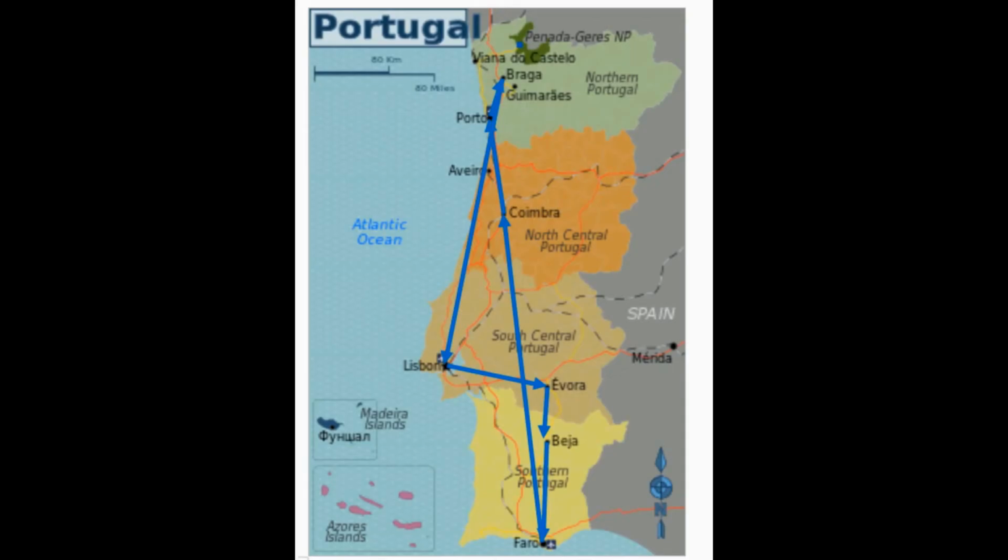So our improved route using the greedy algorithm will be Lisbon, then Évora, Beja, Faro, Coimbra, Porto, Braga, and back to Lisbon. The distance is 1,117 kilometers.